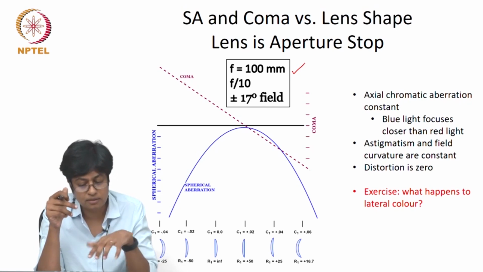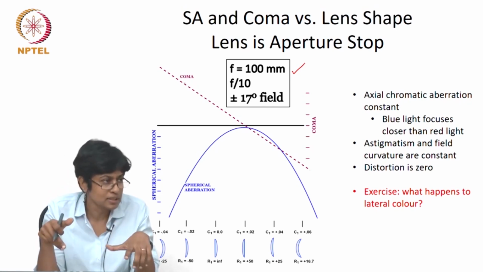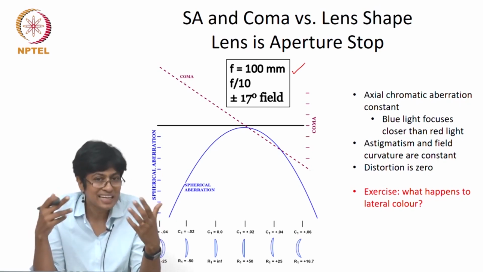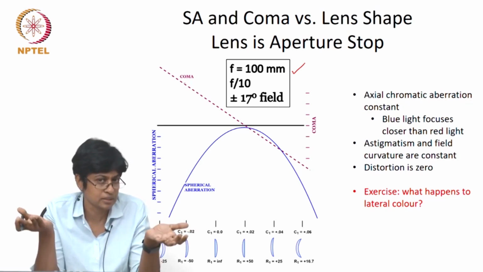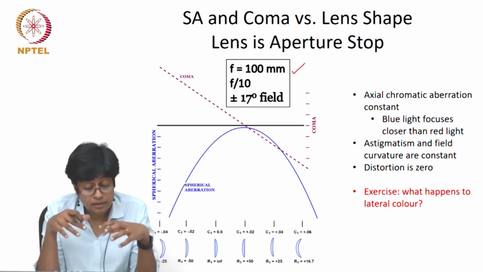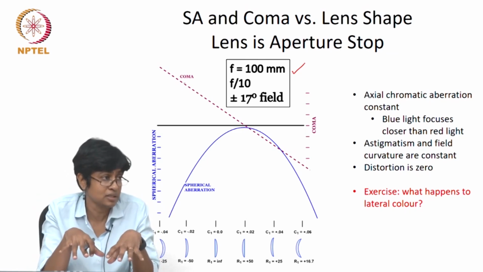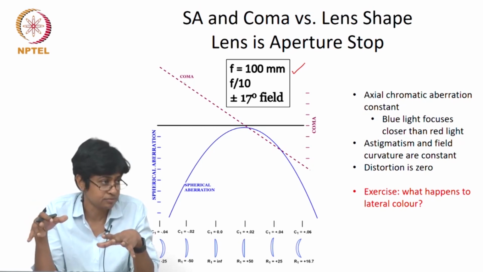Now, in this example, of course, there is a stop. If you don't add anything extra, the lens mount or the lens diameter itself acts as the stop of the system. So, though we haven't explicitly said anything, the other point I should add is that in this optical system, the aperture stop is at the lens itself.